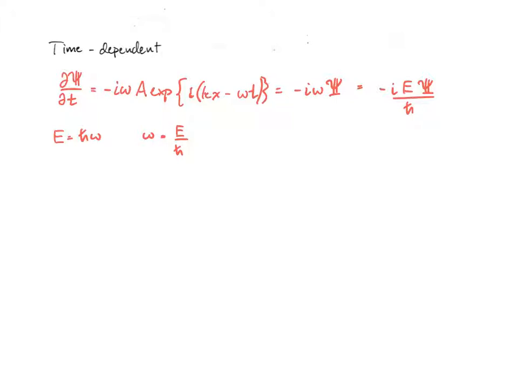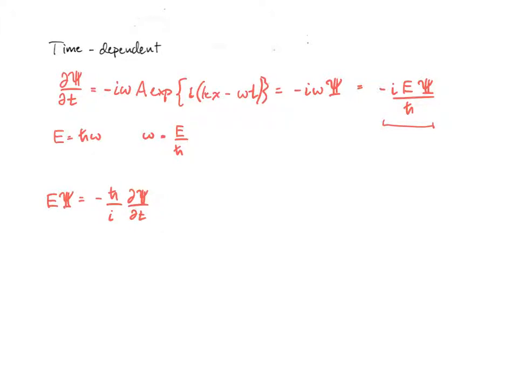Nice. Now I can algebraically rearrange this equation, and I get that E times psi is going to be equal to negative h bar over i, the derivative of psi with respect to time. All right.